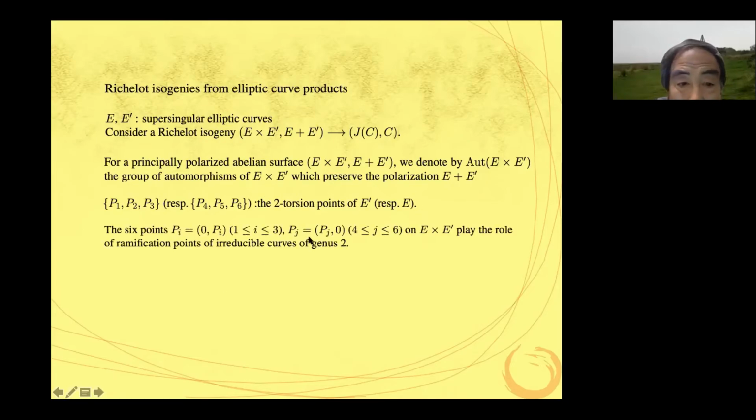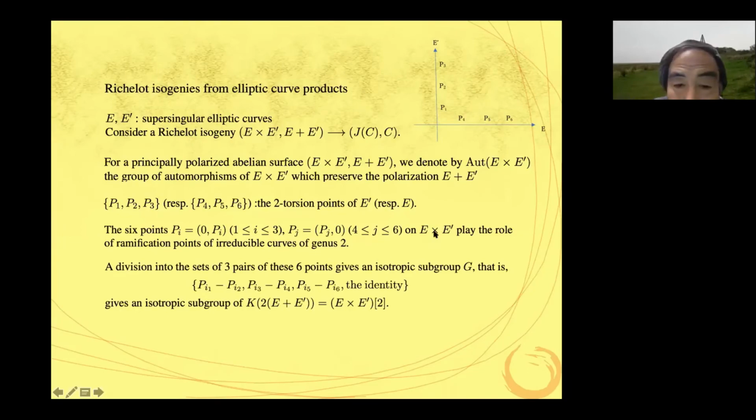And we consider 2-torsion points on E' and 2-torsion points of E. These points exist on the product like this. This is E', and this is E, with 2-torsion points here and here.